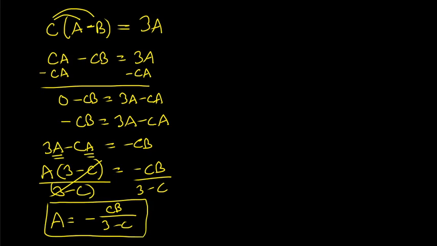And that's not the answer in the back. The answer in the back is bc over c minus 3. And I will leave it to you to convince yourself that these are the same answers. So either way, it's correct, right?